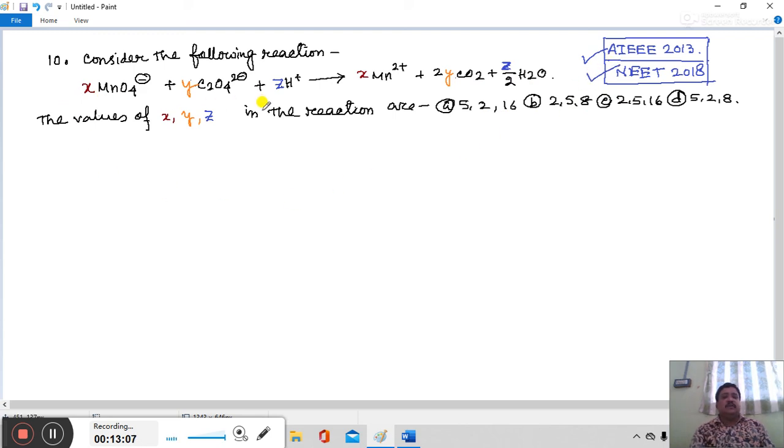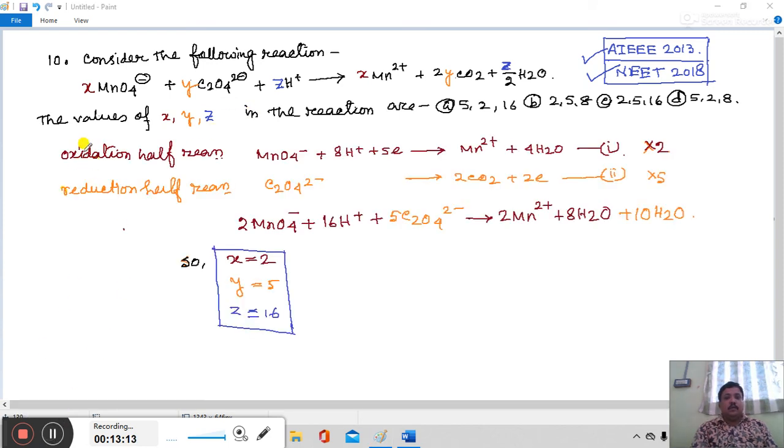Now, we want to balance this oxidation and reduction reaction. Sorry, the reaction MnO4- plus 8H+ plus 5e- gives Mn2+ plus 4H2O is the reduction half reaction, and the oxalate anion C2O4 2- gives 2CO2 plus 2e- is the oxidation half reaction.